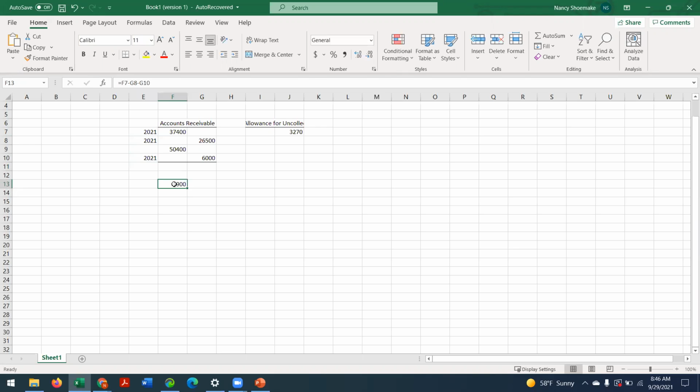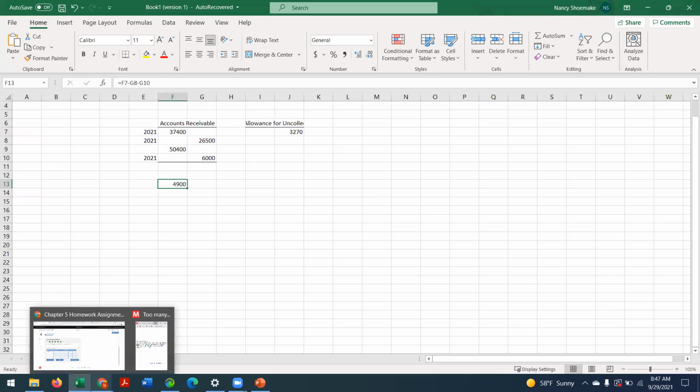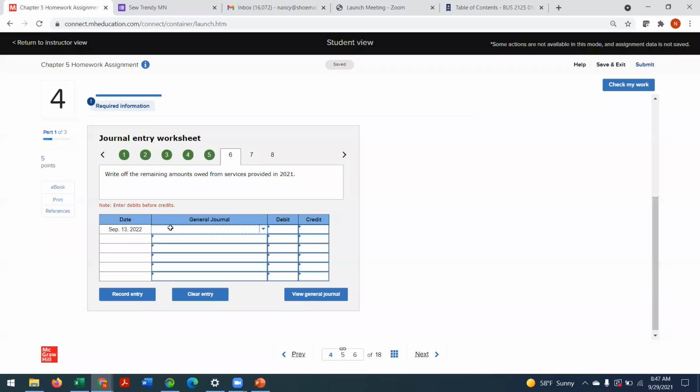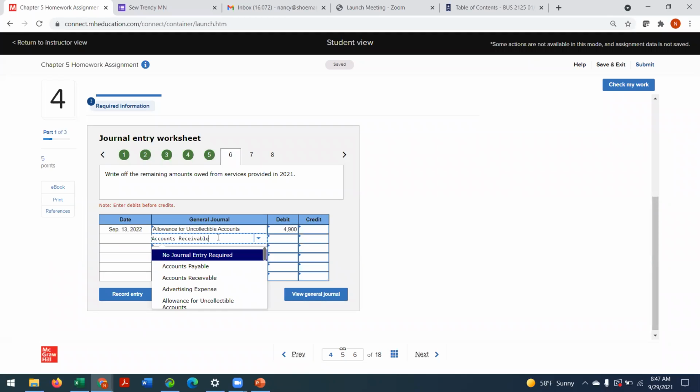So the 37,400 minus the 26,500 minus the 6,000 means 4,900 we need to write off. So we are going to debit allowance for uncollectible accounts of 4,900. And we are going to credit accounts receivable for 4,900.